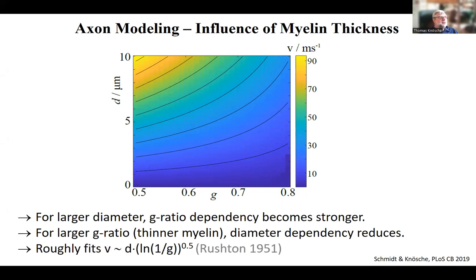This relationship roughly fits the well-known formula by Rushton, that the velocity is proportional to the product of the diameter and the square root of the logarithm of the inverse of the G ratio. There are slight deviations in our model, but qualitatively this fits quite well.